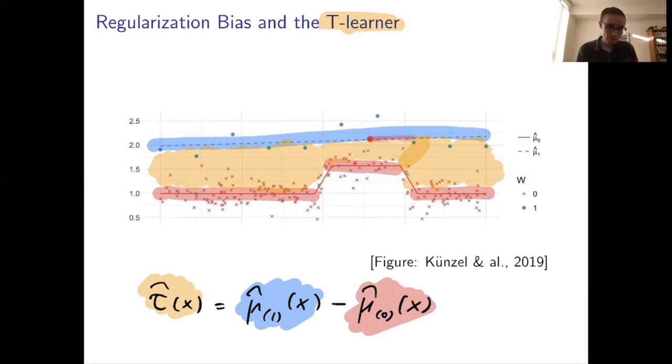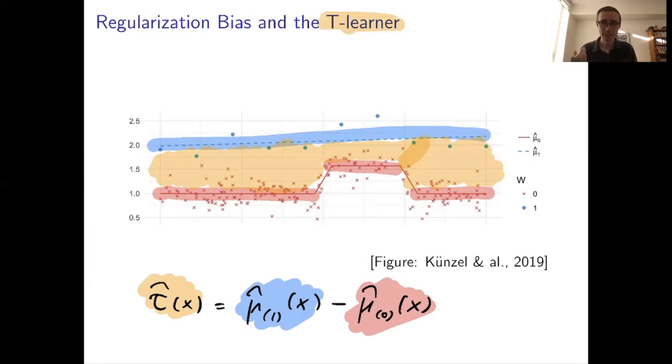In fitting this blue curve for the treated units, you had less data. So what do you do? You don't introduce as many splits because you don't have enough data to put more splits. Effectively, you're regularizing more. You're pushing your function more towards a simpler thing. And that's, again, good. But then what happens is you have a discrepancy between how much you regularized the function on the treated and the controls.